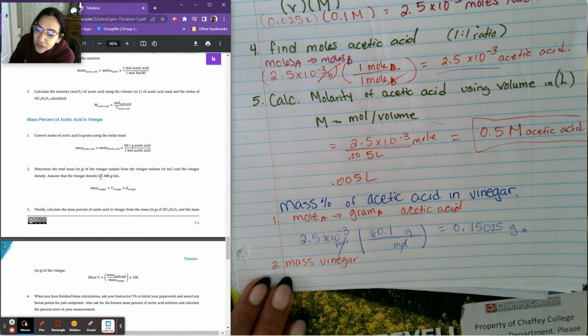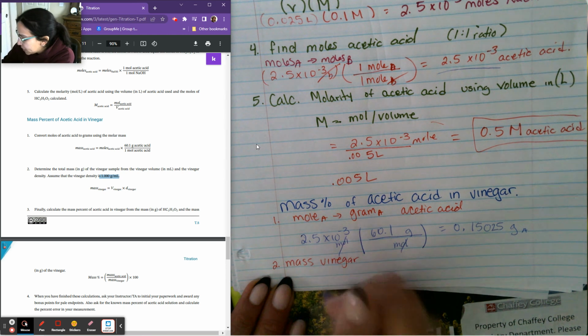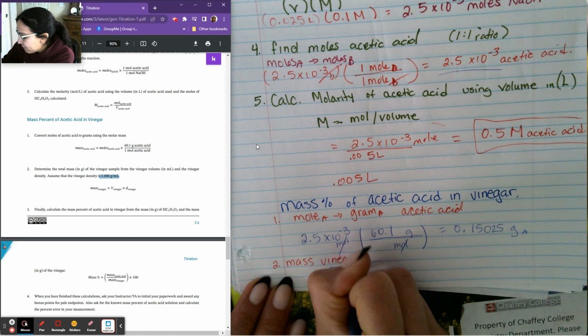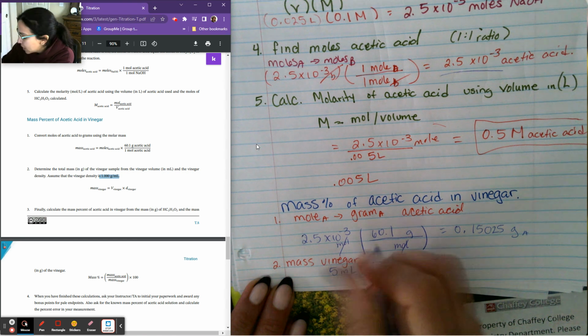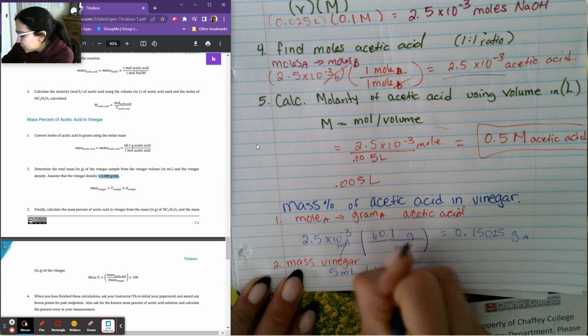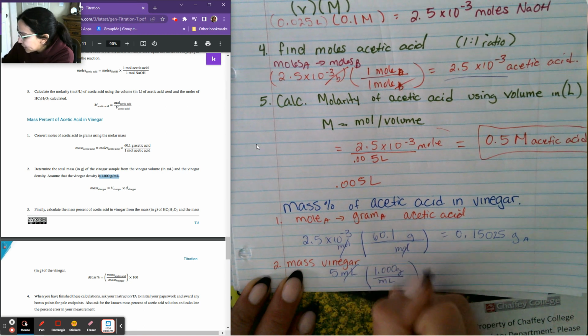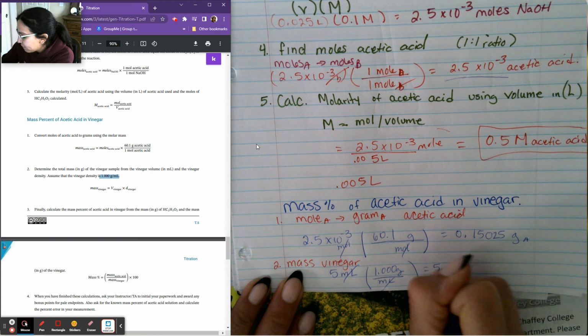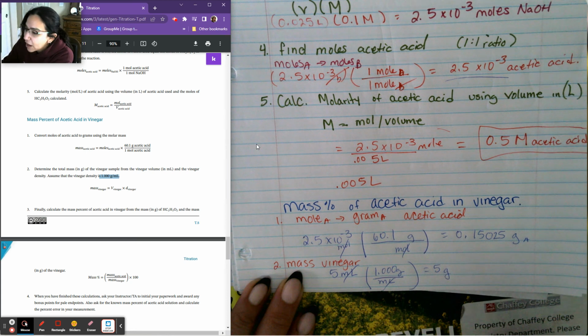And it wants us to assume that the density of vinegar is the same as the density of water. So let's go ahead and find the volume of our vinegar. We used 5 milliliters, and we're going to multiply that by 1.000 grams per milliliter. Milliliter cancels out, and we are left with 5 grams of vinegar.